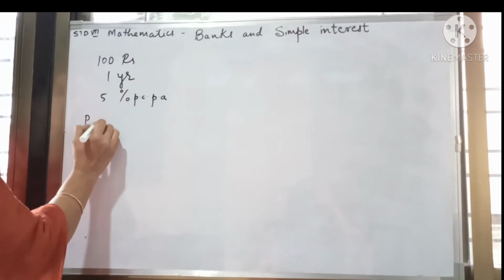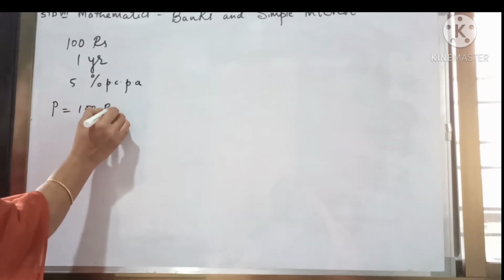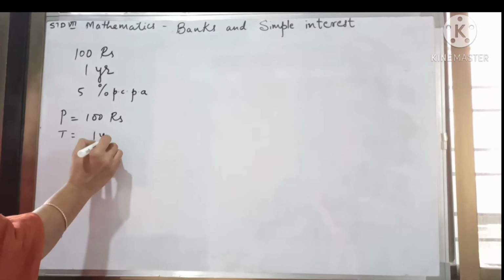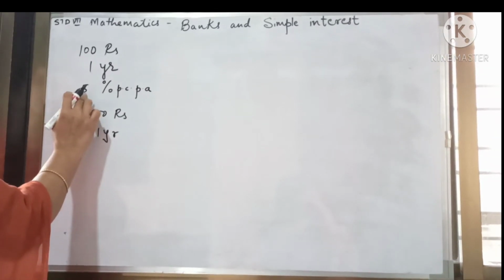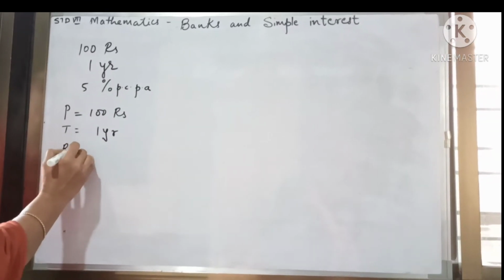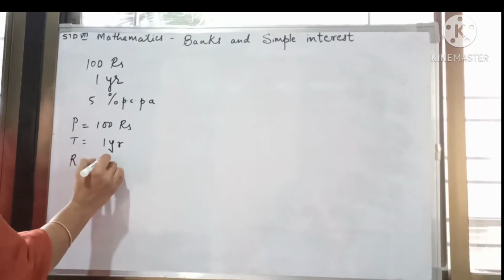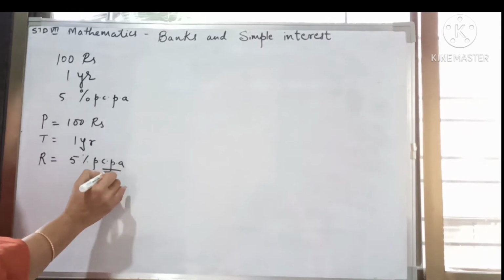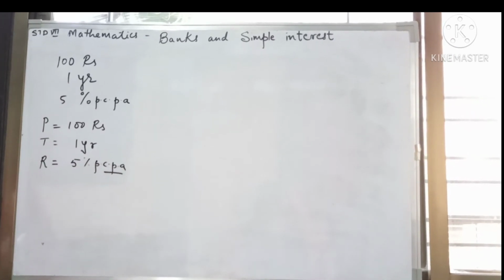So our principal is 100 rupees. The time period is 1 year. Then the rate of interest, denoted by R, is 5% per annum. Per annum means per year.